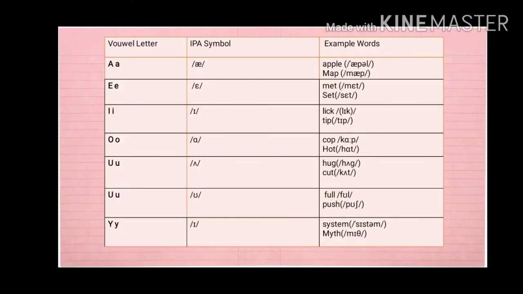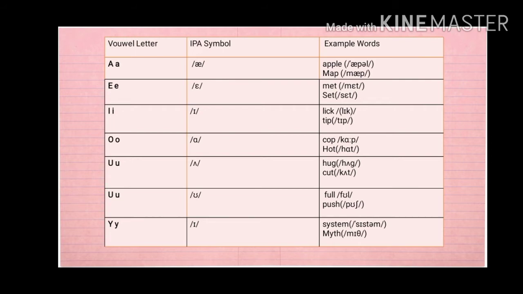And this is the example of monophthongs. First symbol is A. Example words: apple, map. Second symbol is A. The example is mat, set. Next is E. Example, leak, tip.